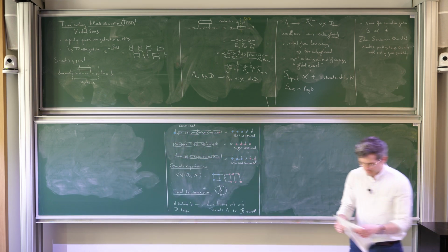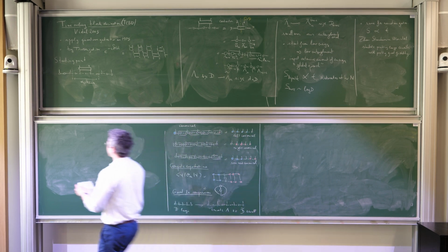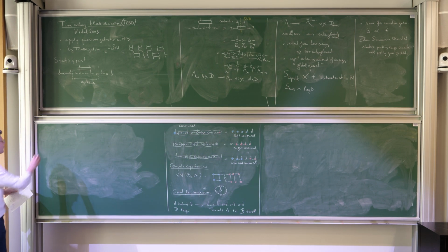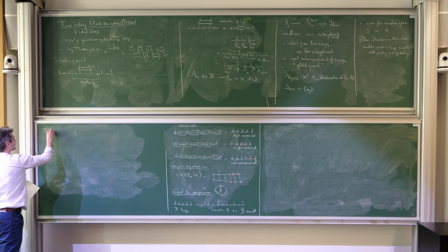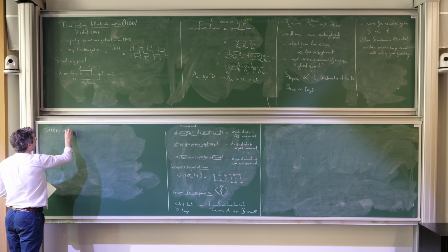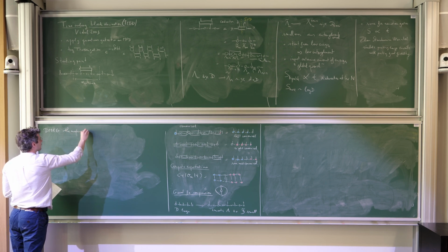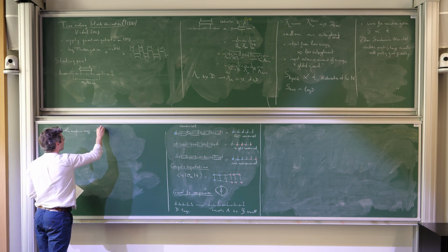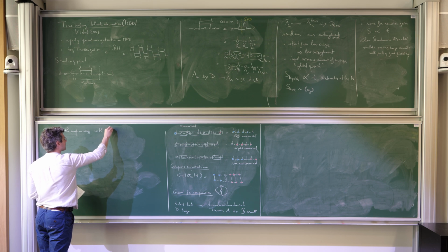Okay. So now I'm going to tell you about DMRG, the modern way. I'm going to present you DMRG, which means density matrix renormalization group, the modern way. So it's not how it was introduced first, with matrix product operators.